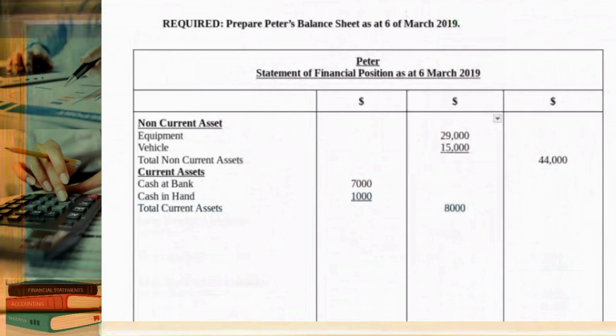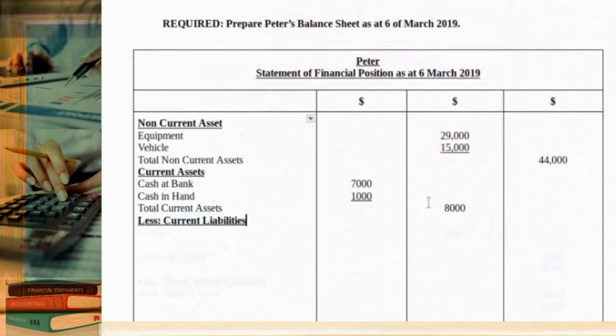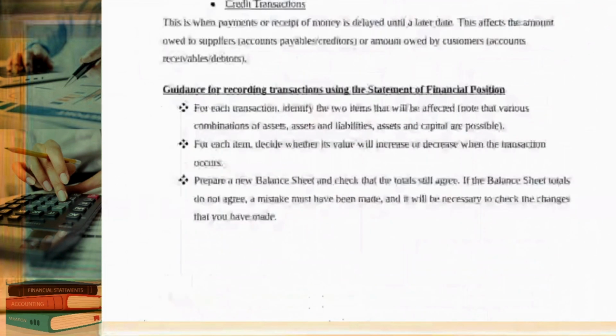Right, so in the vertical format balance sheet, we are supposed to show the working capital. So how do we calculate working capital again? That is current assets minus current liability gives us our working capital. So that takes us to our next heading, which would be less current liabilities. So we're going to check the old balance sheet to see if we had any current liabilities there.